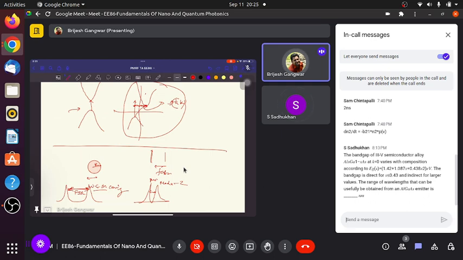So maybe you need only this much spectral range, and within this spectral range there is only one mode. Higher modes will also be there, but we will use the fundamental mode.